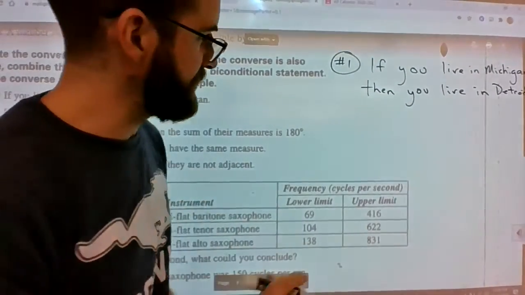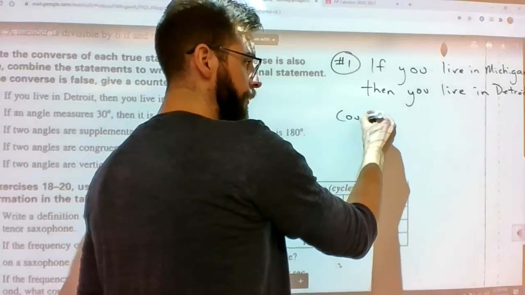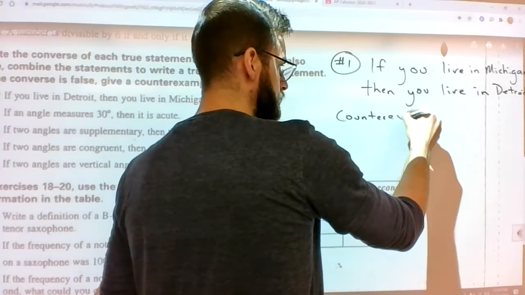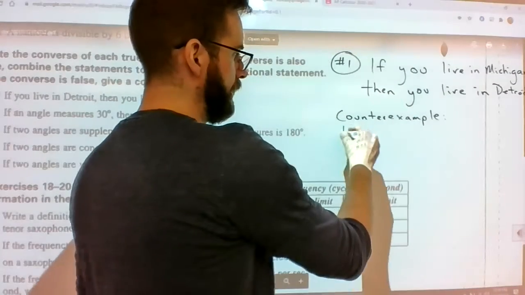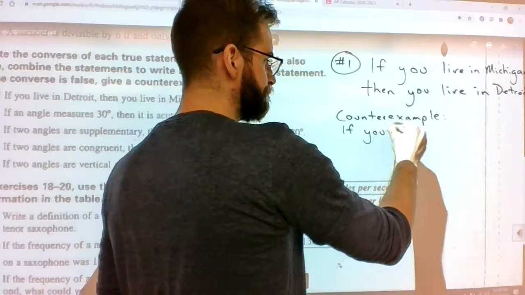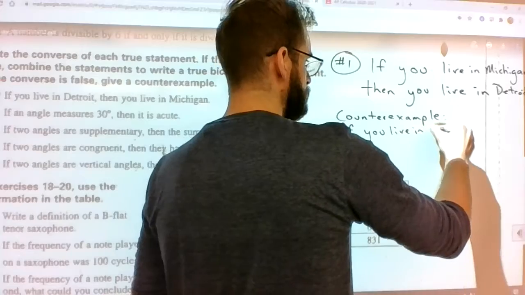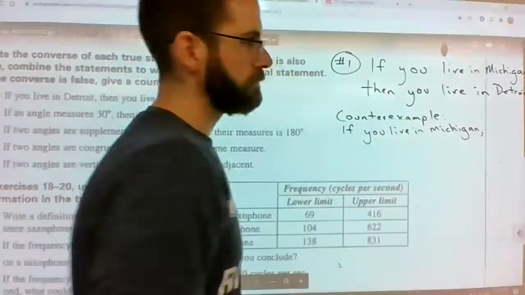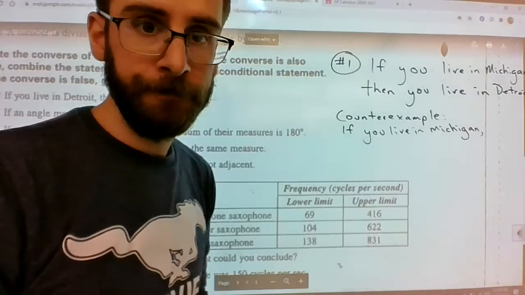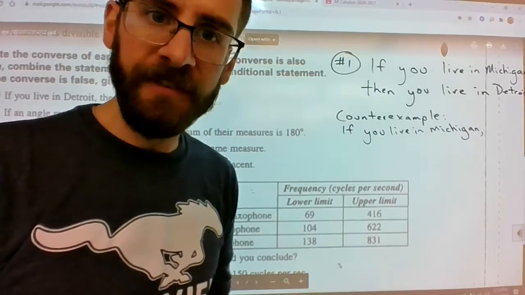Your job then is to say, my counterexample, if you live in Michigan, you could live in Ann Arbor. You could live in Dearborn. You could live in Lansing.